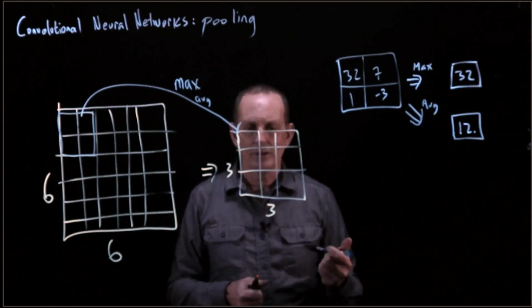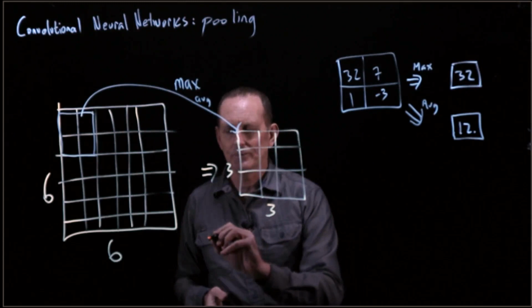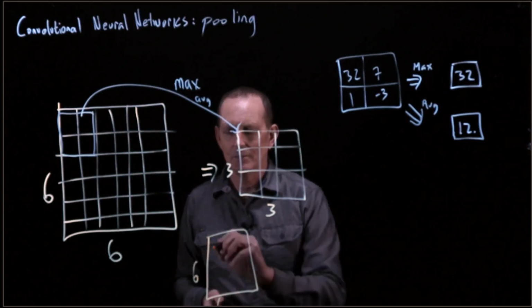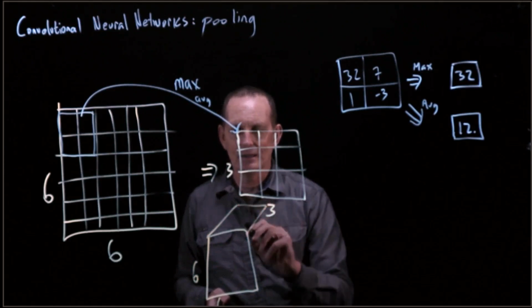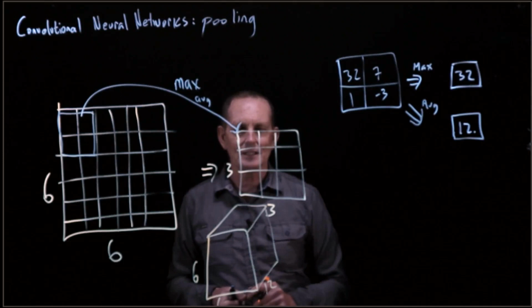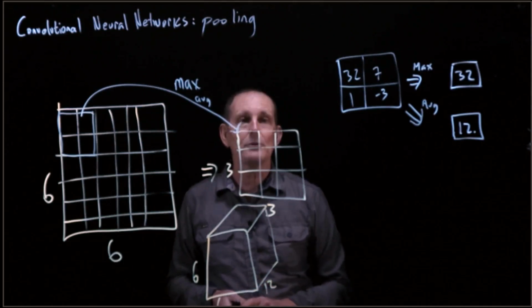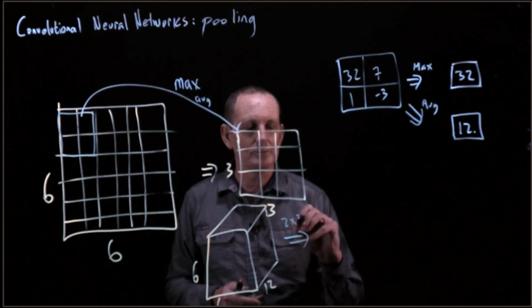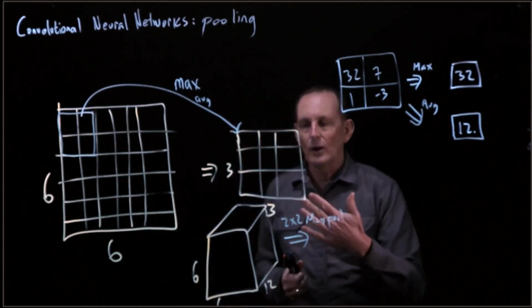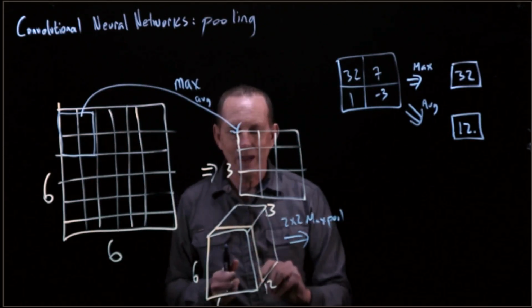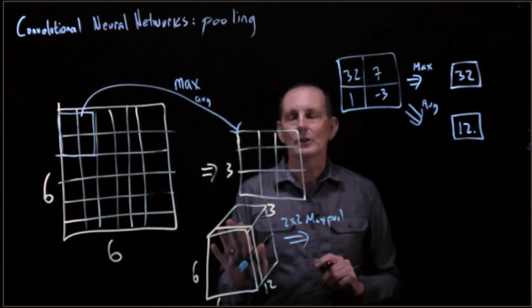If we have an input, so let's say we have a 6 by 6 by 12 input, note this is not to scale, and we want to feed that through max pooling. So we do a 2 by 2 max pool. Well, what we're going to actually do is do the max pool independently for each layer.